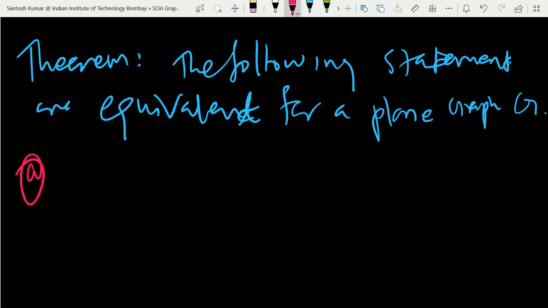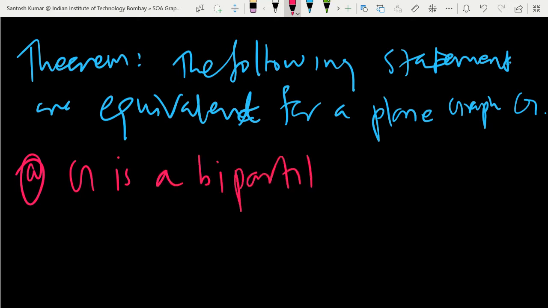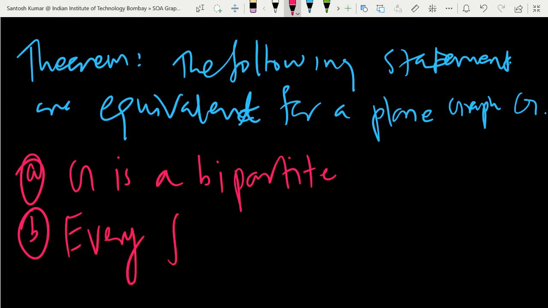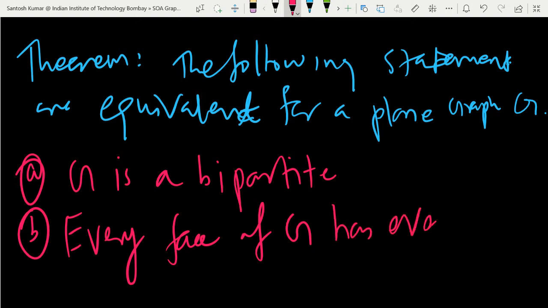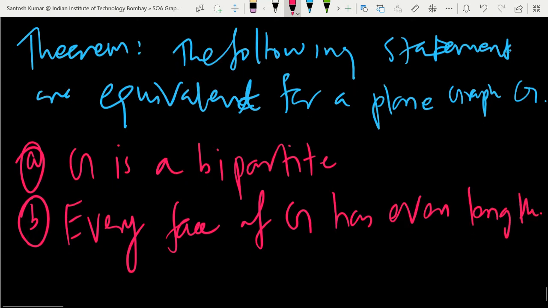The first statement: G is a bipartite graph. The second: every face of G has even length.